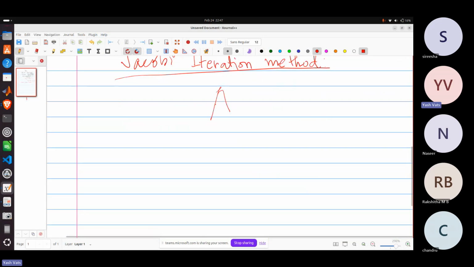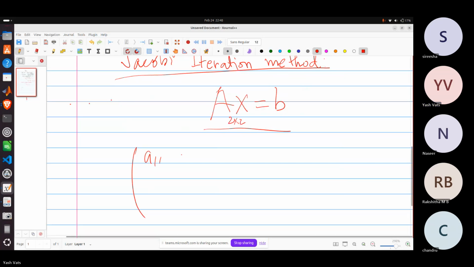Suppose you have a system of equations Ax = b. I just use the white page. Suppose A is a 2 by 2 matrix.